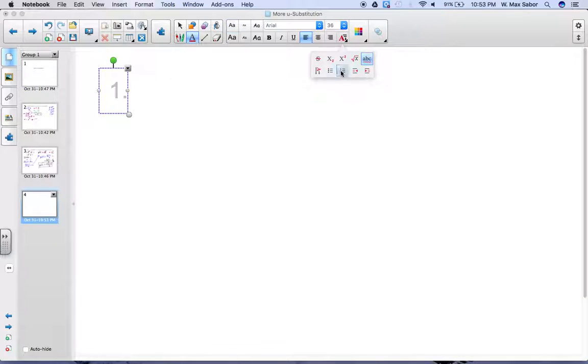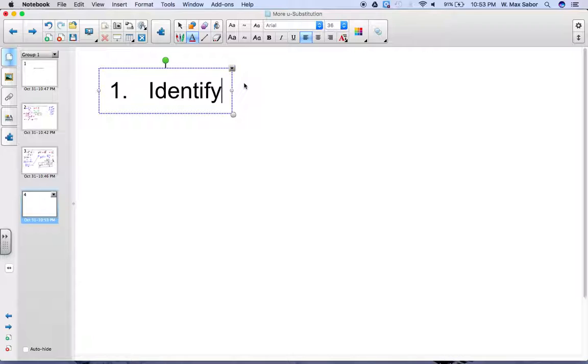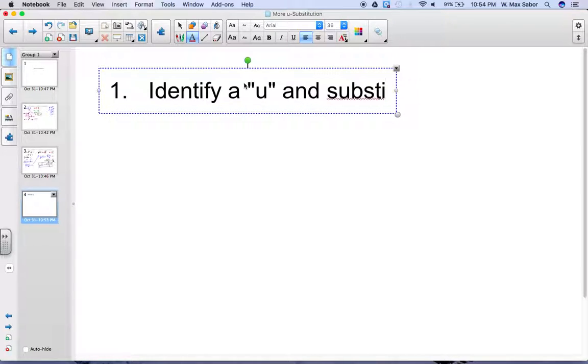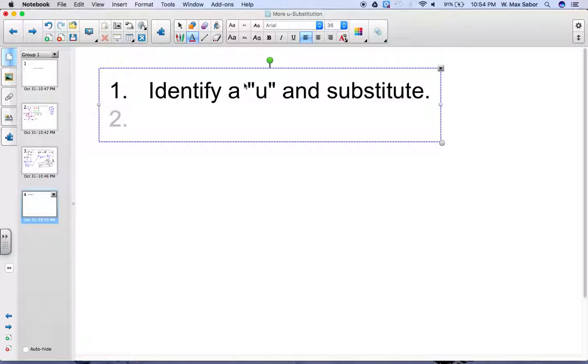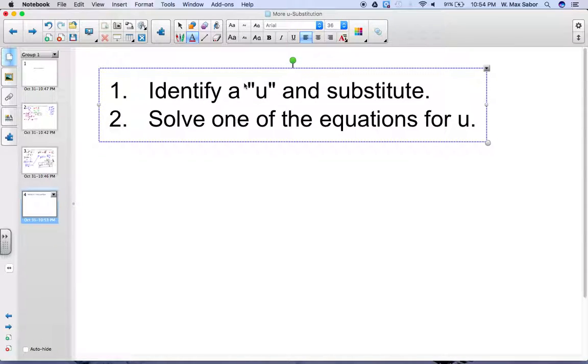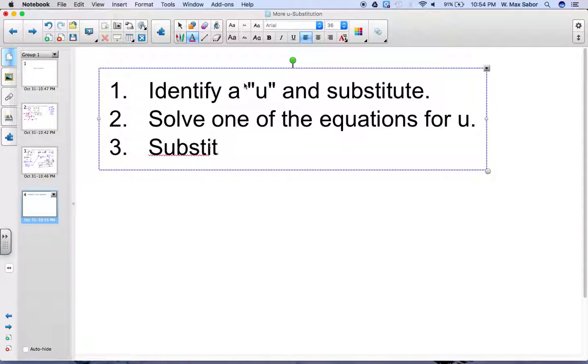The steps that we took were first identify a u and substitute. Then once we had identified u, solve one of the equations for u, and substitute into the goal equation.